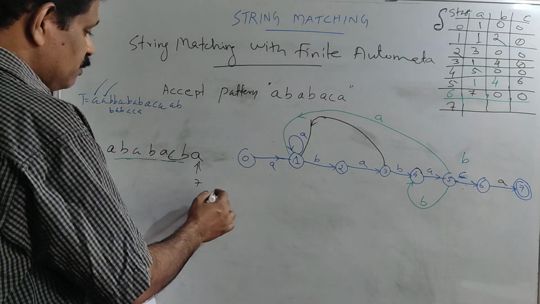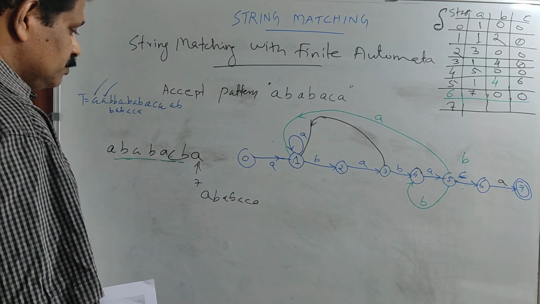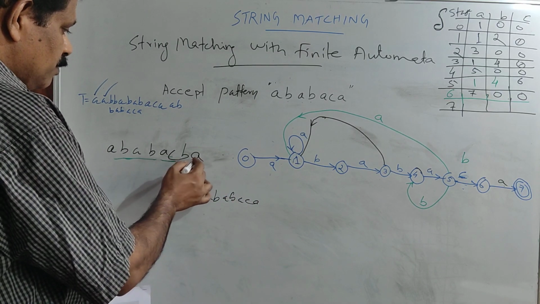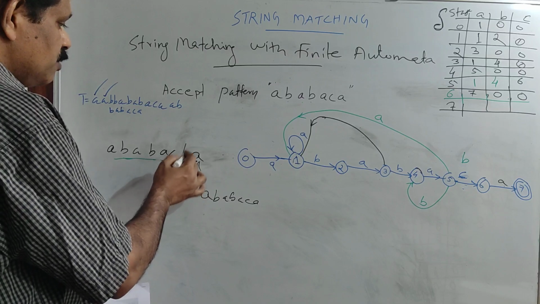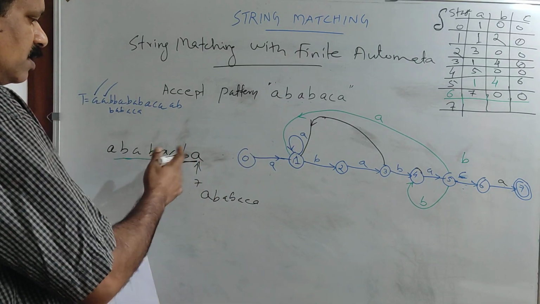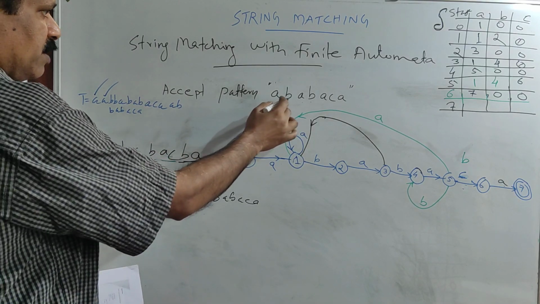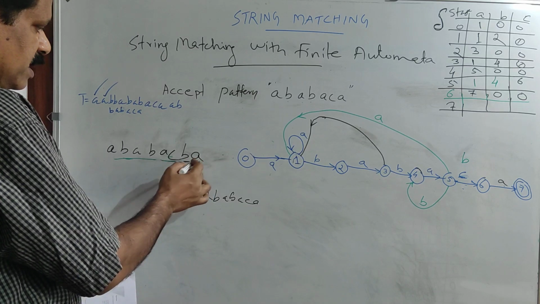It is the beginning of a pattern ABABACA, so there is a chance. You can't club with the previous characters; you will never get a beginning of the pattern, because you are not getting the beginning of the pattern by clubbing the previous characters of this A.